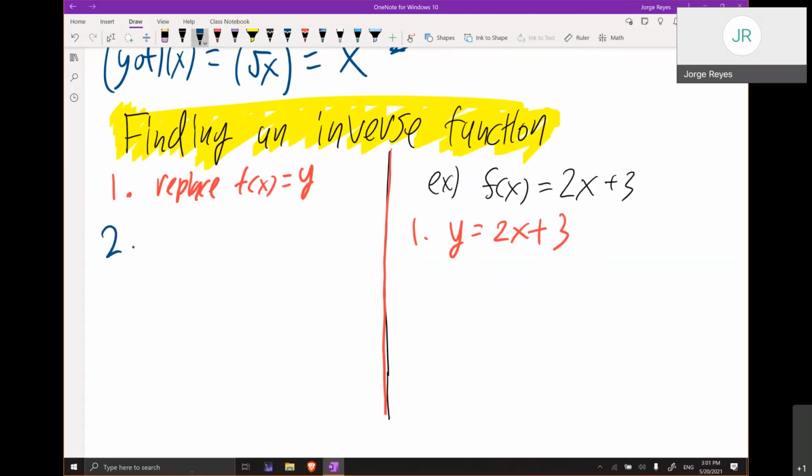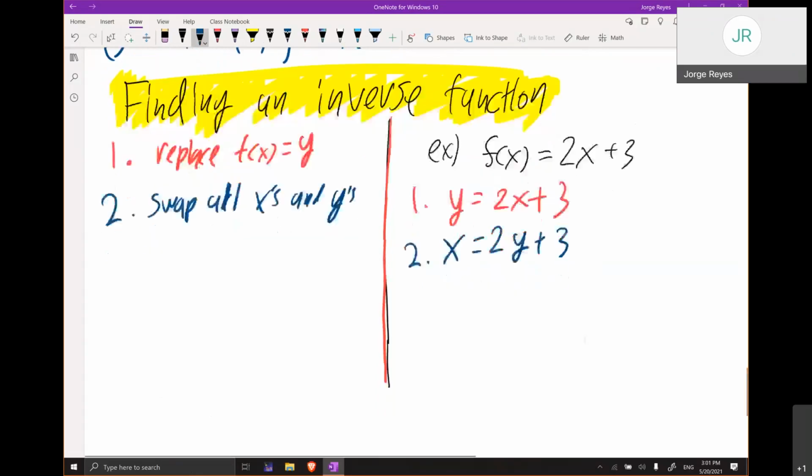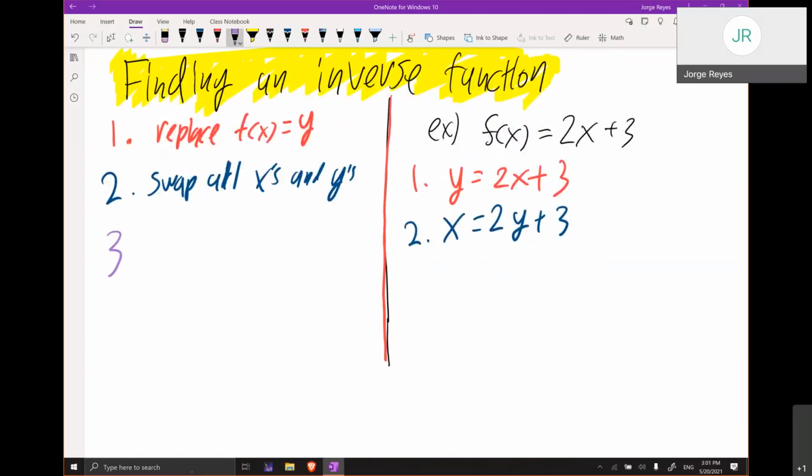Step 2 is you swap all x's and y's. So wherever you see a y, put an x, and whenever you see an x, put a y. So x equals 2y plus 3. Now, step 3, this is the most important, this is the hardest one, is you got to re-solve for y.